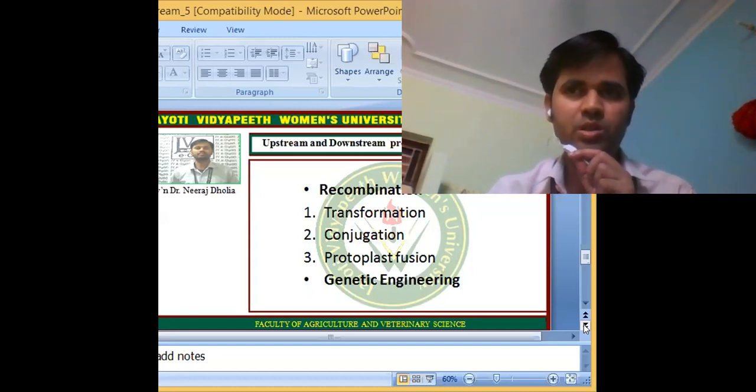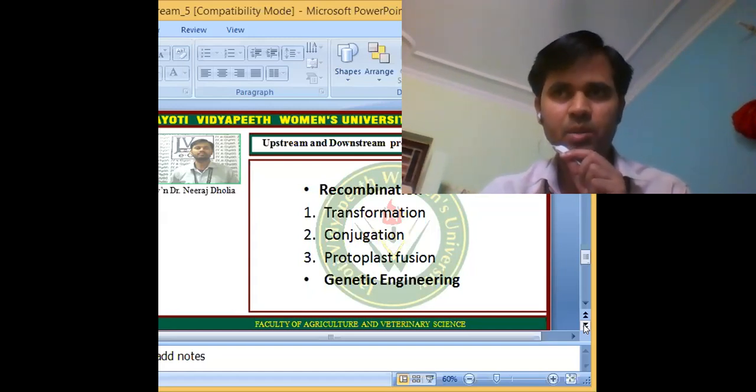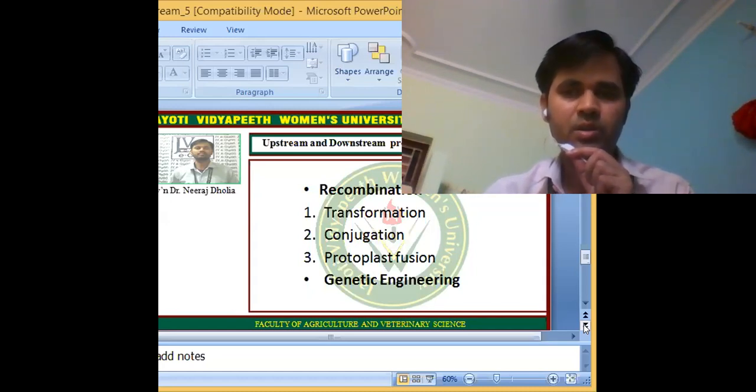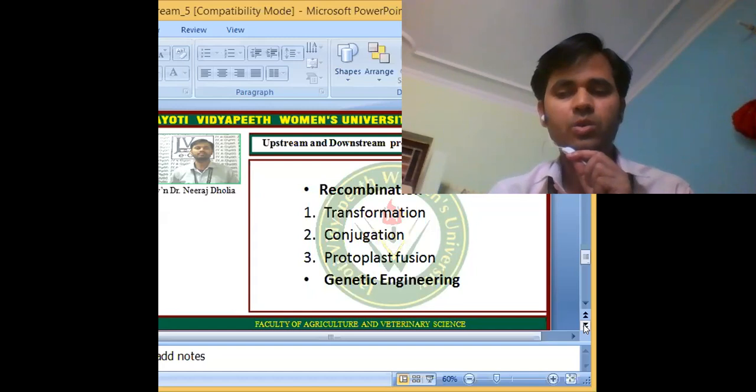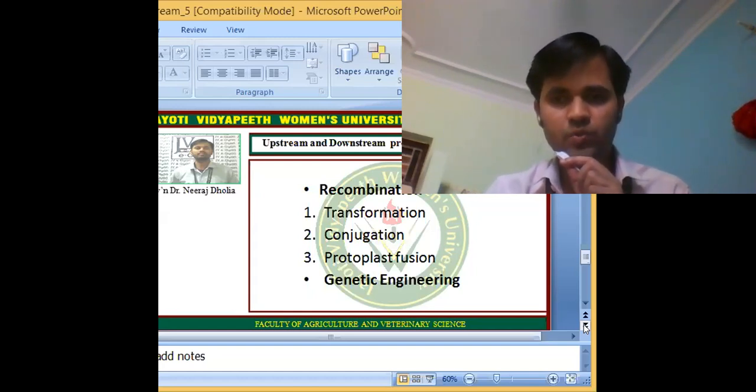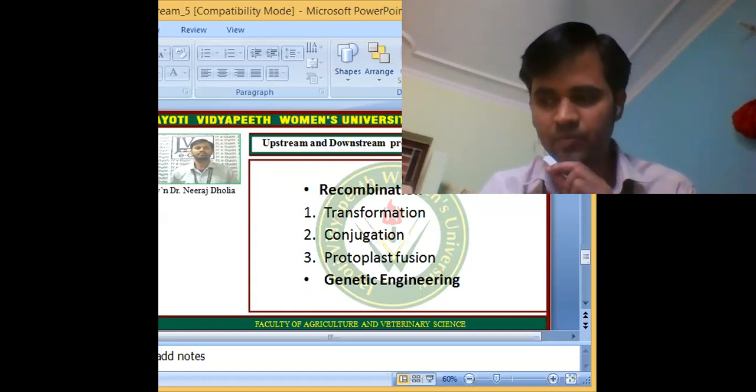You can use a bacterial gene, a plant gene, or an animal gene, transfer it into the microorganism or host cell using vectors, and get the product. Okay, so this was the topic, strain improvement by mutation and genetic engineering.